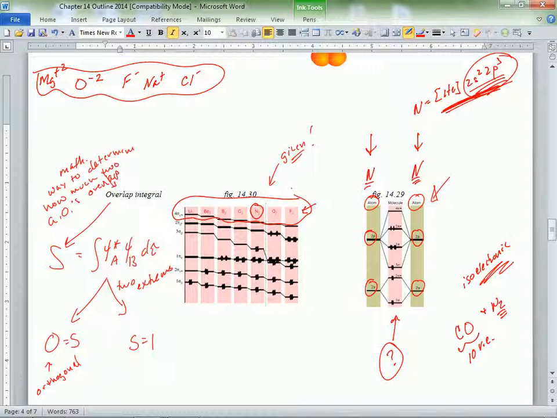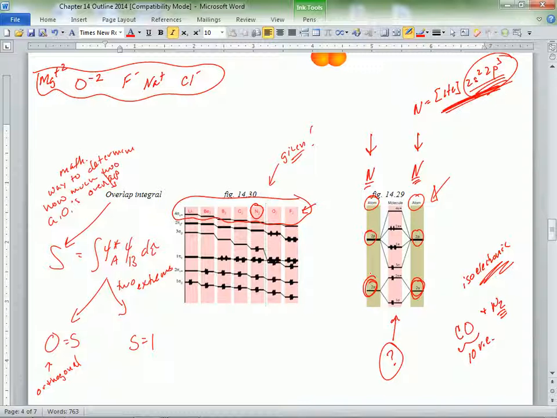And you just have to realize that when you start with 2s atomic orbitals, how many orbitals are in a 2s orbital? It's just one orbital. So from one orbital on each atom, you should only get 2 molecular orbitals. That's why there's just 2 here.